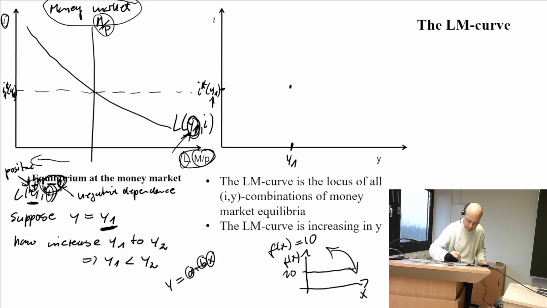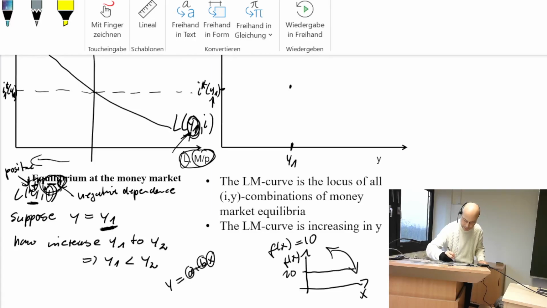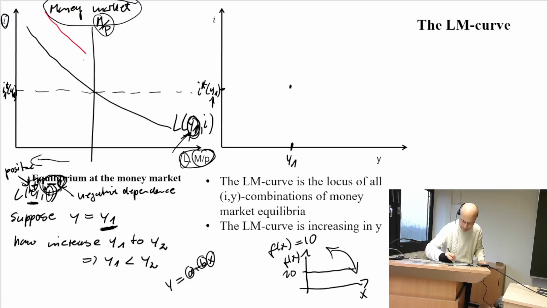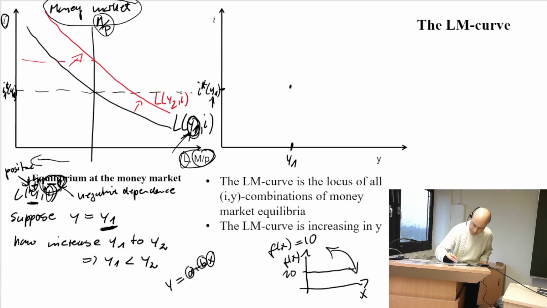So again, we take another color. We obtain a shift to the upper right. And this is now L of y2. And then we obtain a new equilibrium interest rate for the money market, i2 star of y2. We can put this here in our other diagram.